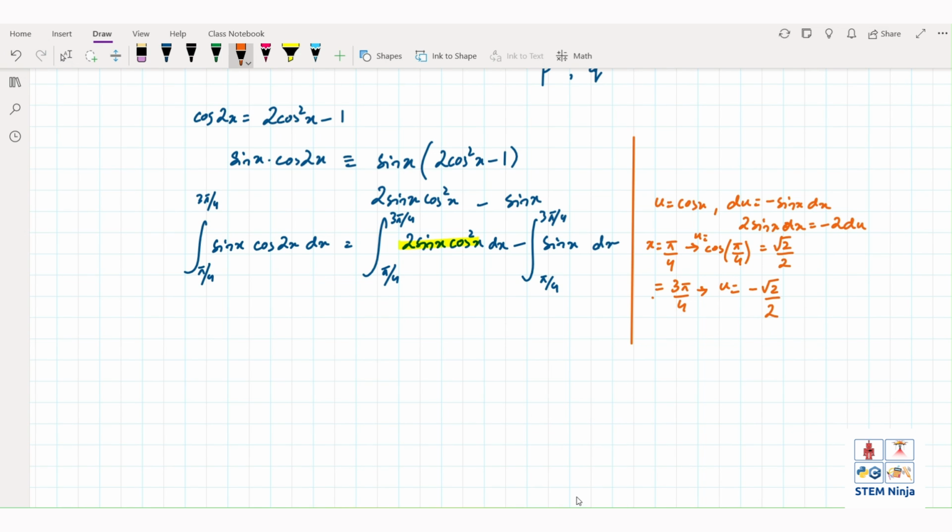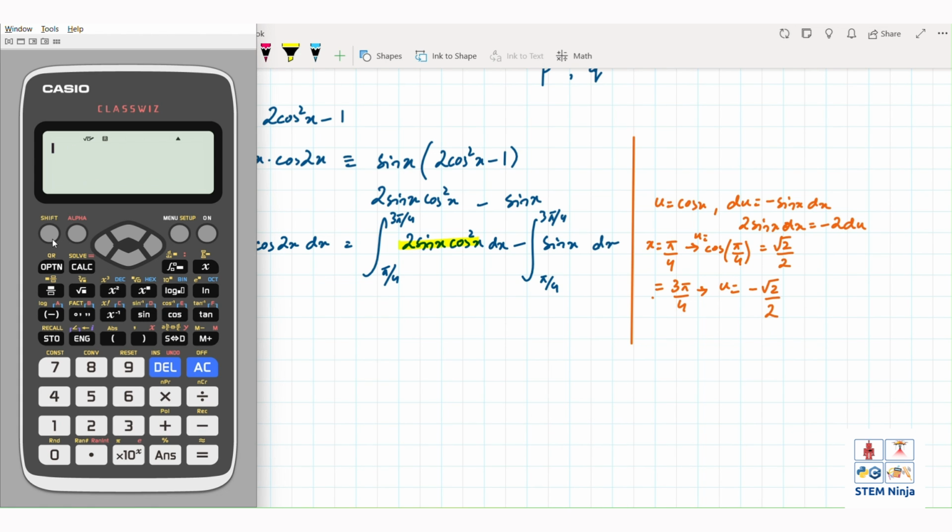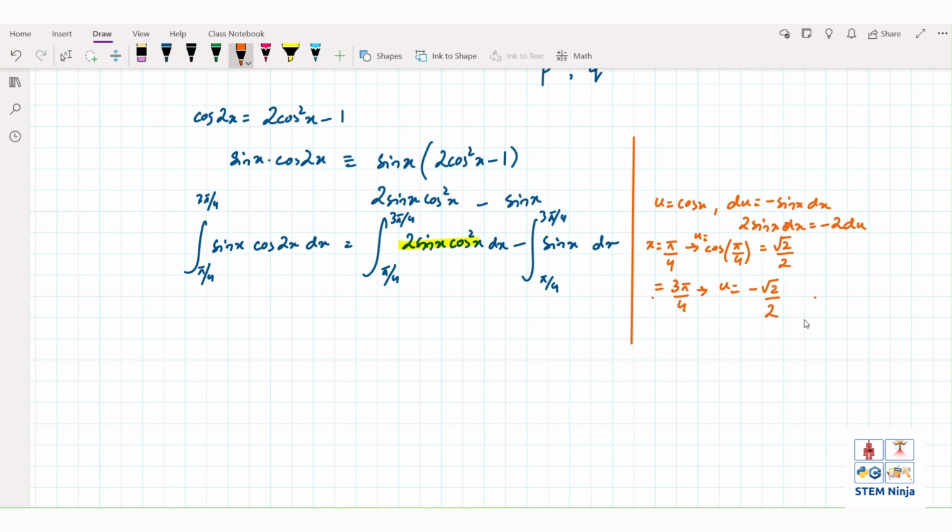I think we can check that also. Cosine of 3 pi by 4. I may be wrong, but let's see. Okay, so this is our P and this is our Q.